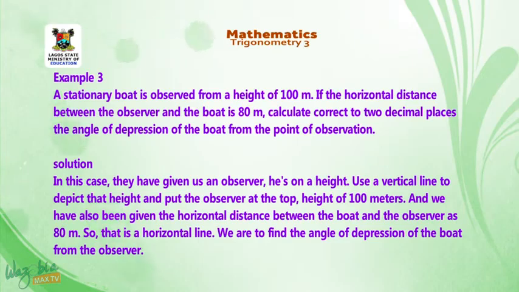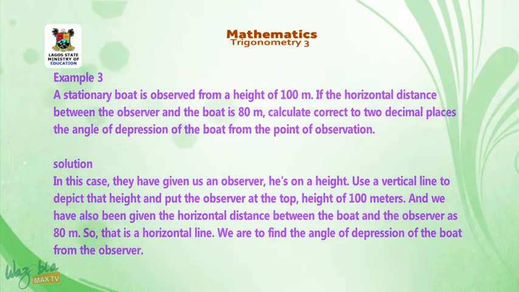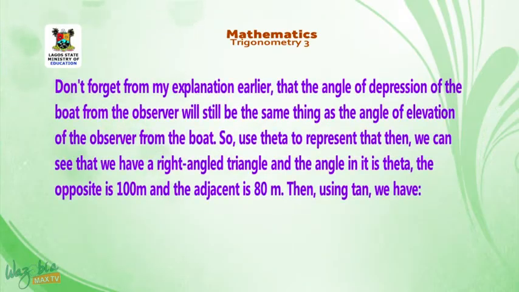We have to find the angle of depression of the boat from the observer. Don't forget from my explanation earlier that the angle of depression of the boat from the observer will still be the same as the angle of elevation of the observer from the boat. So use theta to represent that. Then we can see that we have a right angled triangle and the angle in it is theta.